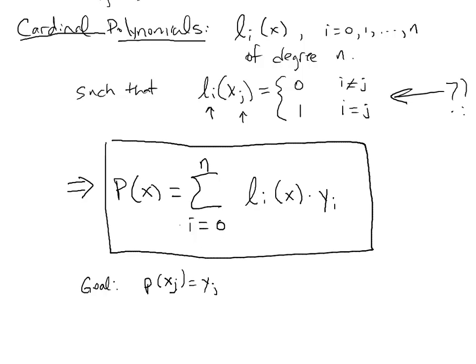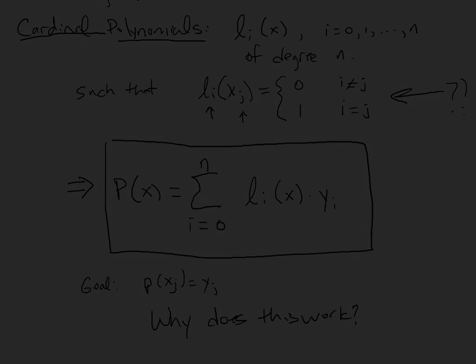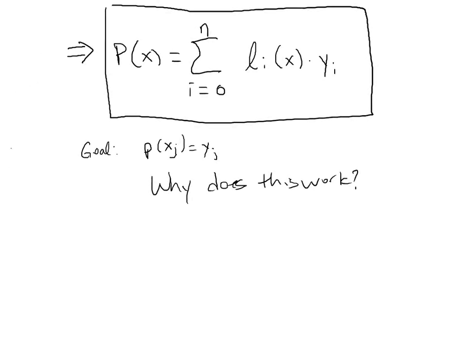I put j in there because up here I put an i in my formula, and I wanted to make sure you're not confused between the formula that has the i as the index of the sum and the one down here. All right, so why does this work? The answer has to do with how we define that L_i of x.